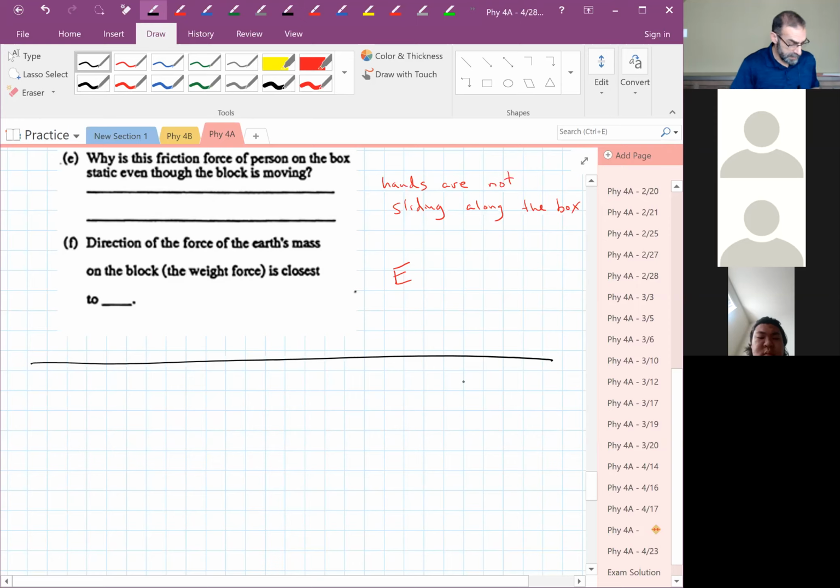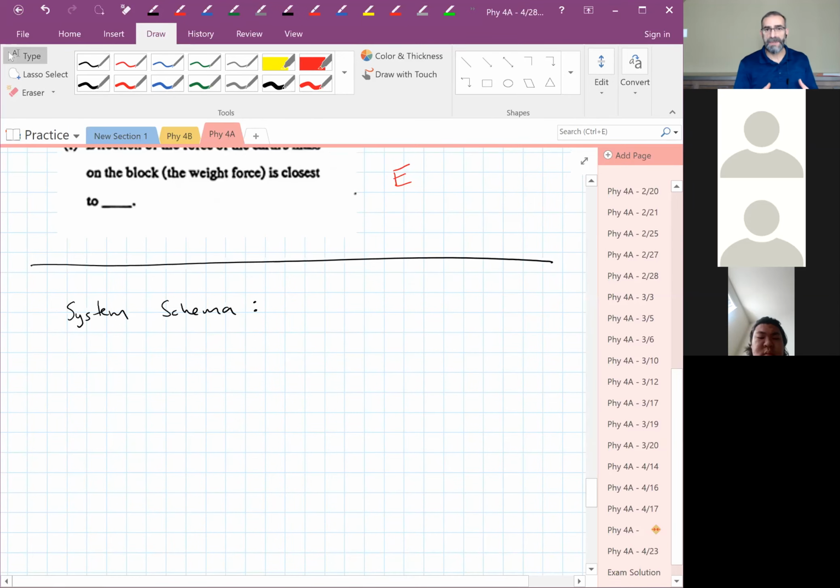One thing I like to do is think about what I call a system schema. A schema is a diagrammatical representation, a diagram that represents something. Maybe this will help you with drawing free body diagrams, but I think it's very useful when we get to energy and work and thinking about what's interacting and what's in our system.